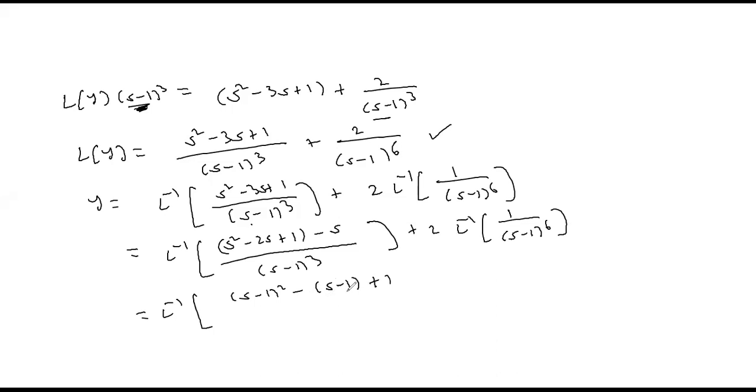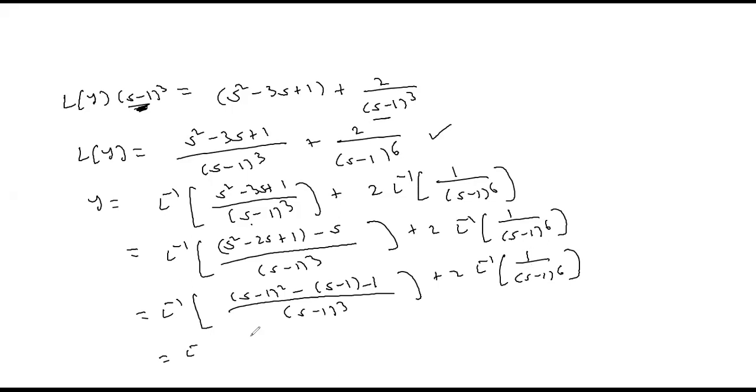Plus 1 is there, so I write minus 1. Then here it is 1, and 1 is already there, correct. So s minus 1 whole cube plus 2 times L inverse of 1 by s minus 1 whole power 6. Now separate, apply linearity.